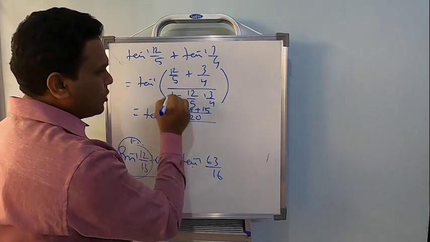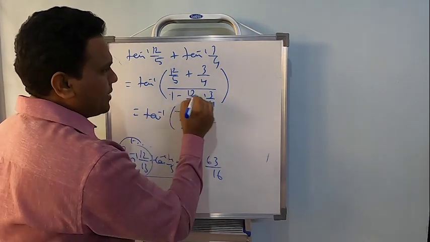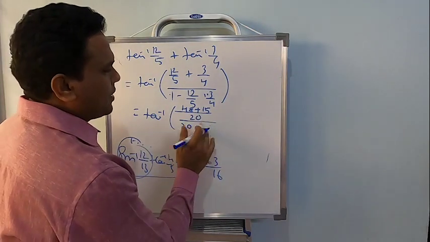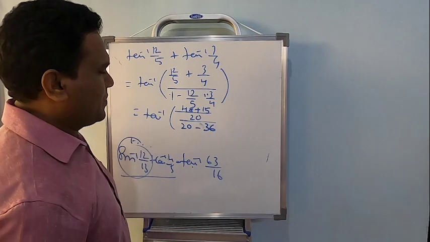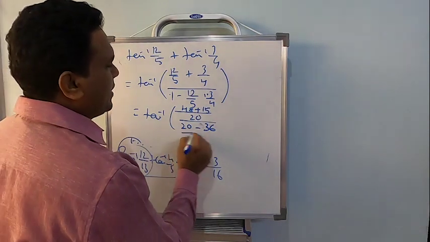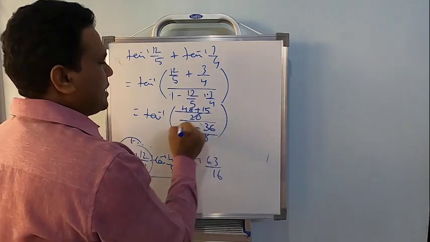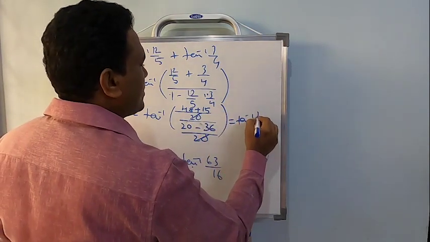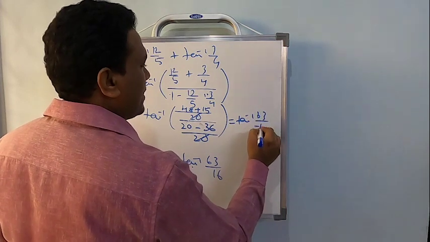And in the denominator, 20 minus 36. Denominator will be 20. So eliminate this. On simplifying further, tan inverse 63 by minus 16.